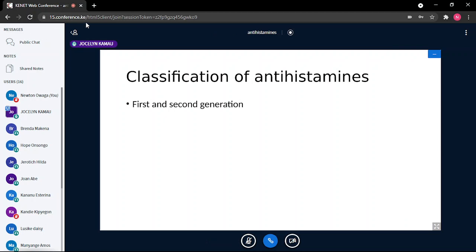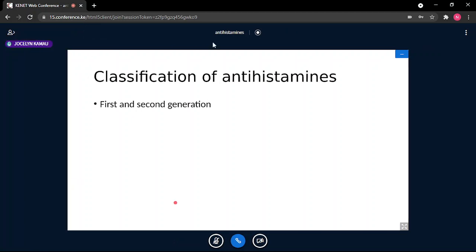So last time we looked at the endogenous compound histamine, and I did explain that when we look at the drugs we are calling the antihistamines, they will be going for the same receptor as the endogenous compound histamine. So it is important for us to understand histamine as the endogenous compound that binds that receptor, so that through that we can extrapolate what kind of structure we expect for the antihistamine.